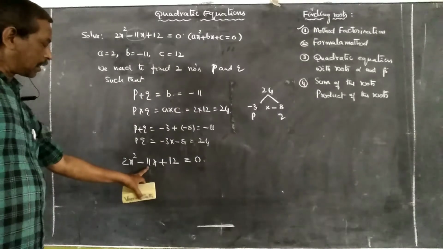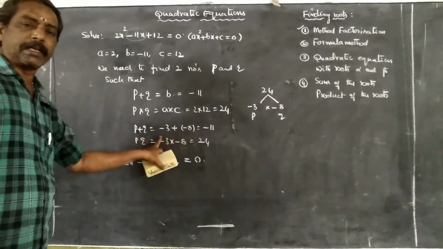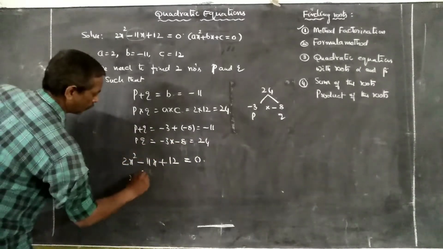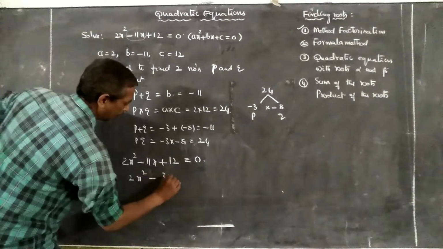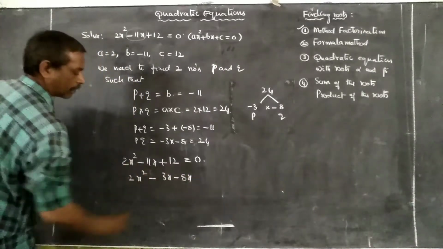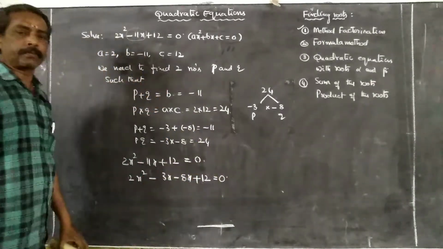Here minus 11 we can write as minus 3 plus minus 8. That means 2x square minus 3x minus 8x, whose sum equals minus 11x, plus 12 is equal to 0.